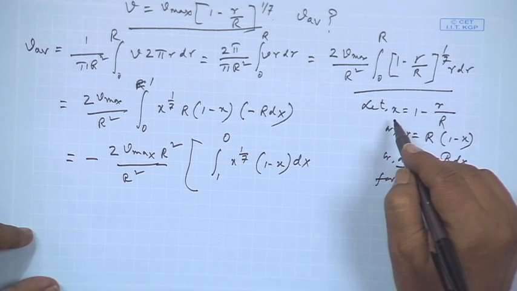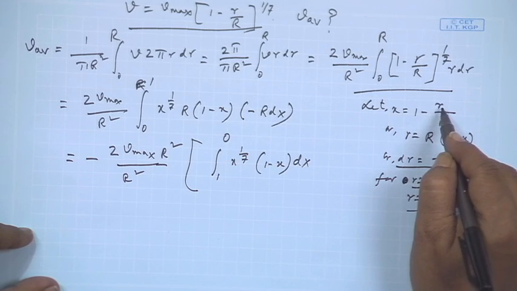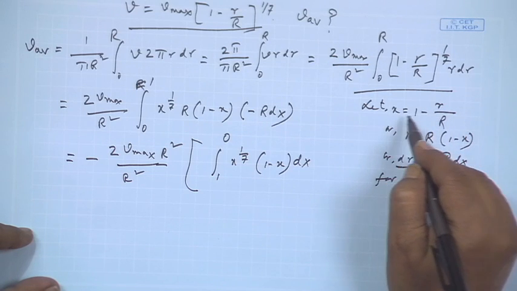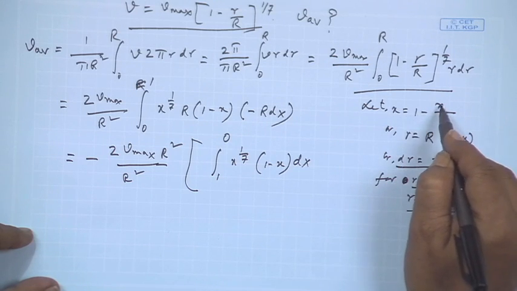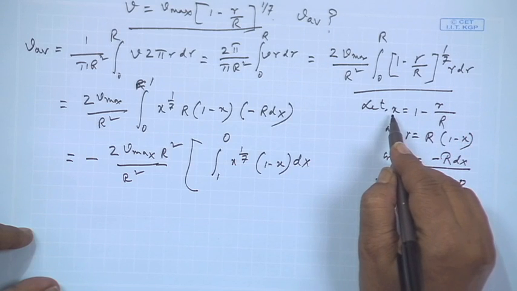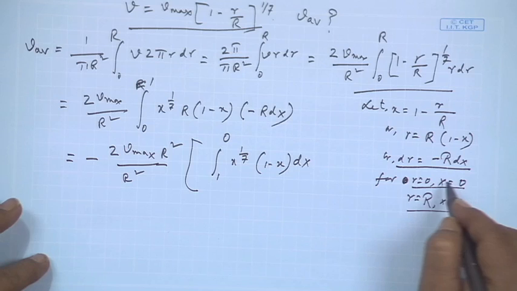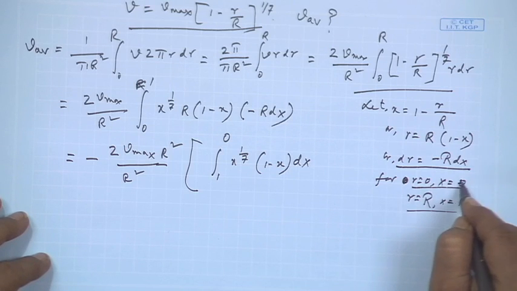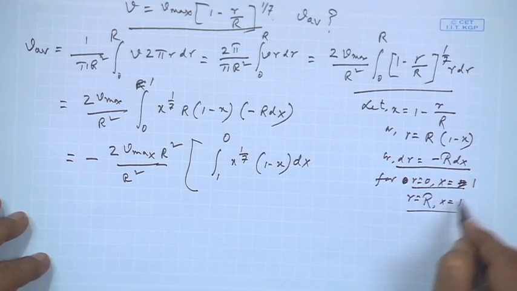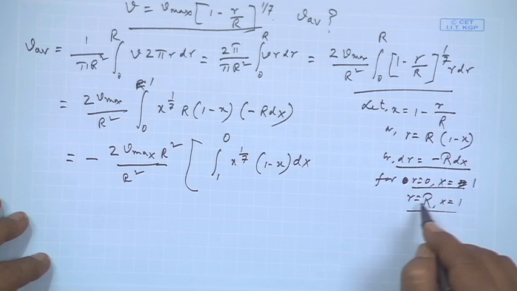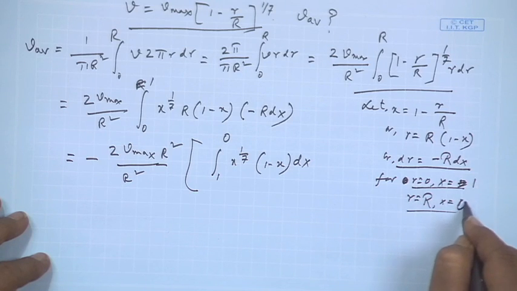So, when r is equal to 0, x becomes equal to 1, and when r is equal to R, x becomes equal to 0.